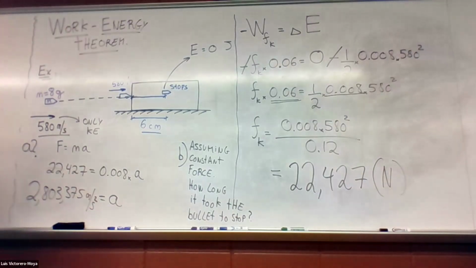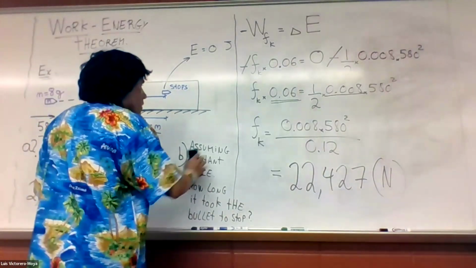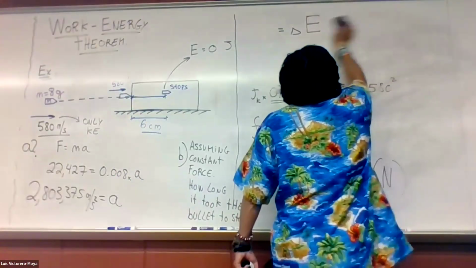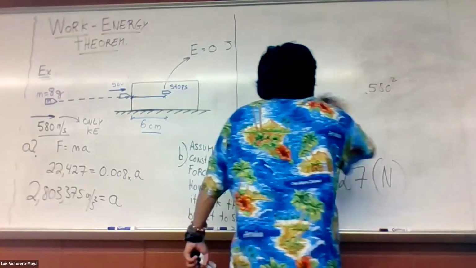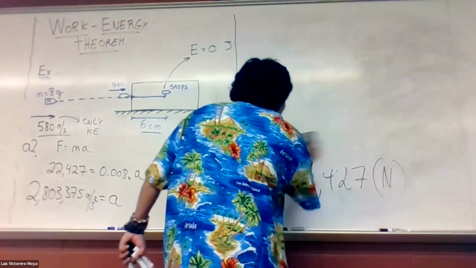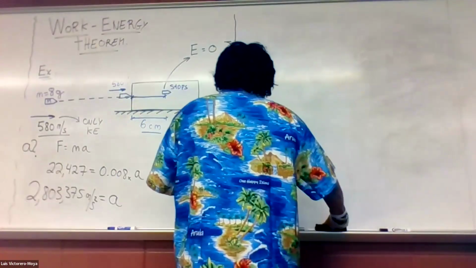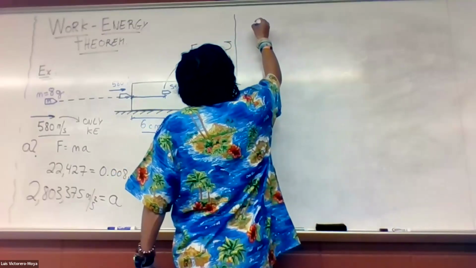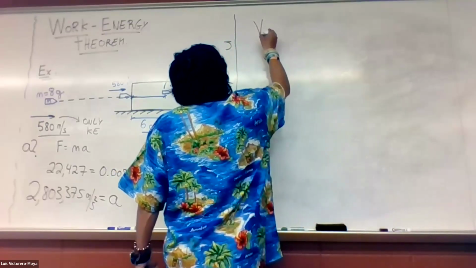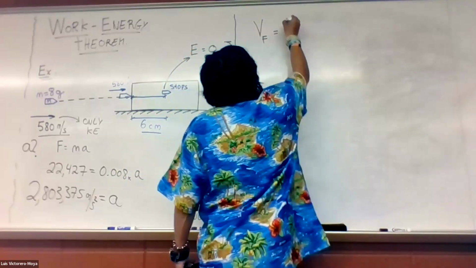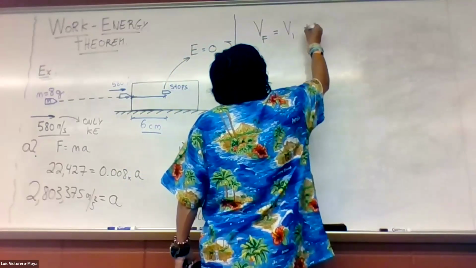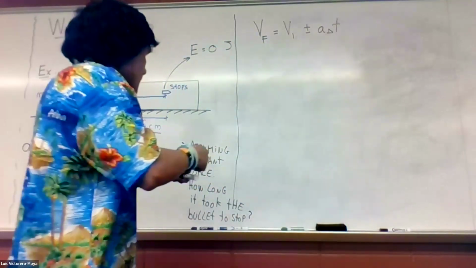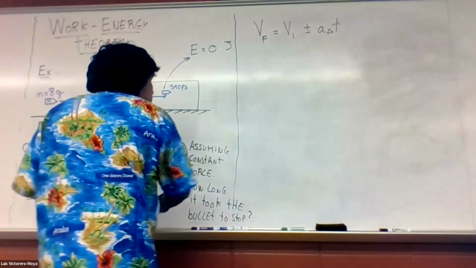So then I can use the equation V final is V initial plus or minus a delta T. V final is 0 because it stops.